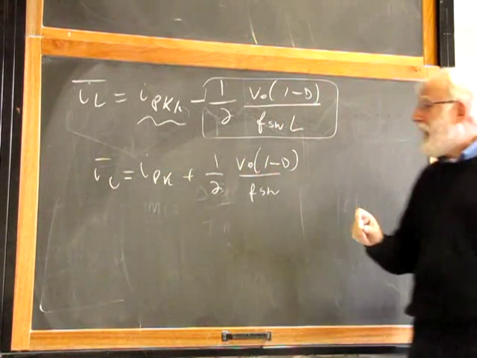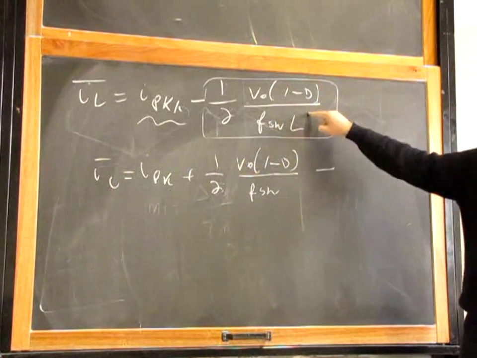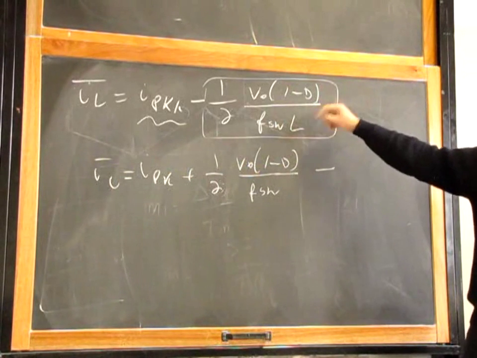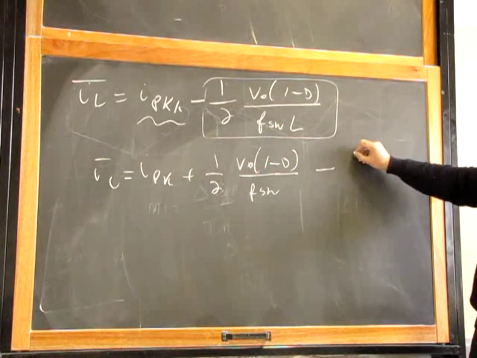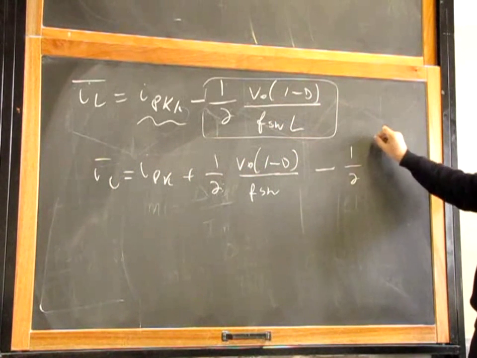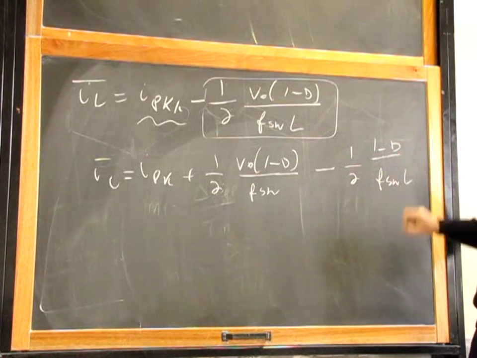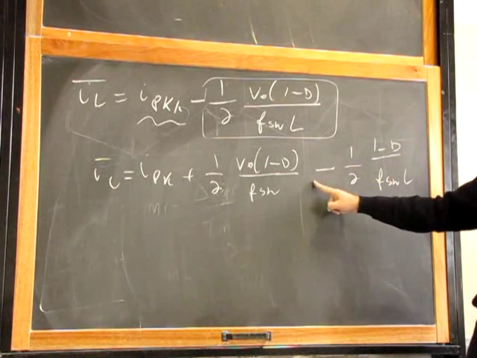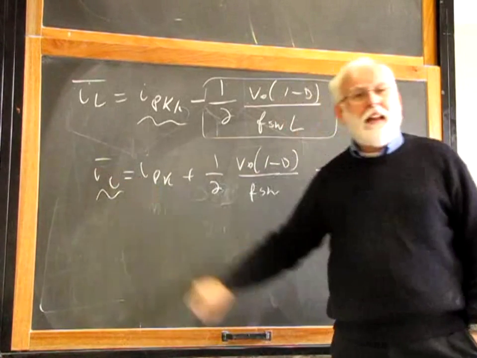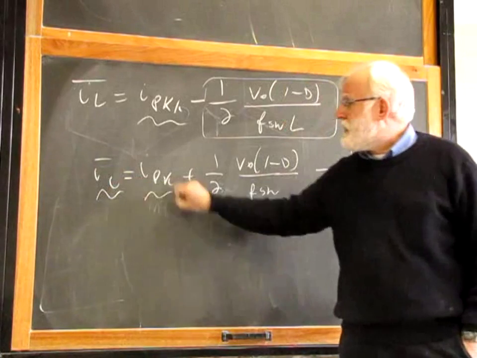The system reacts with its error, the intrinsic delay of your friend, that is minus 1/2 V0 (1 minus D) over switching frequency L. These two terms cancel out, and you get that your IL average is equal to what you asked for.